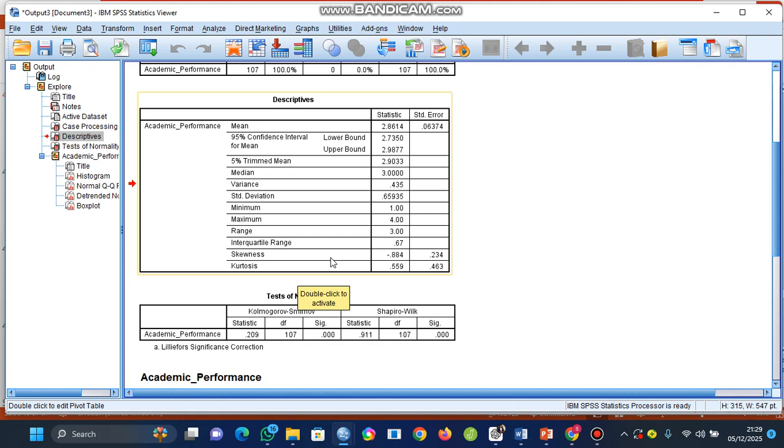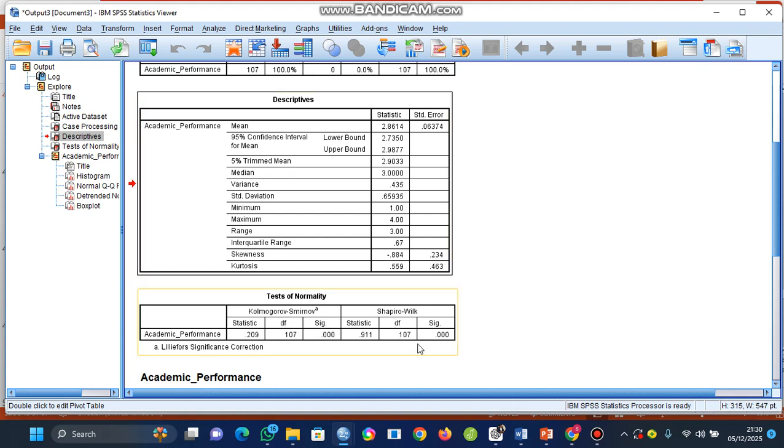We already agreed that when the statistic divided by the standard error is less than positive or minus 2, it shows that there is normality. But when they are more than that, like in this case, it shows that there is no normality.